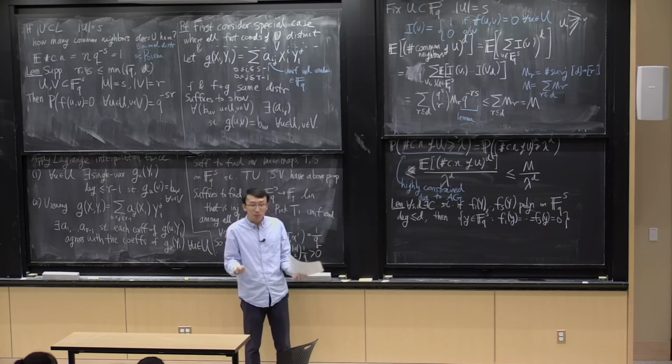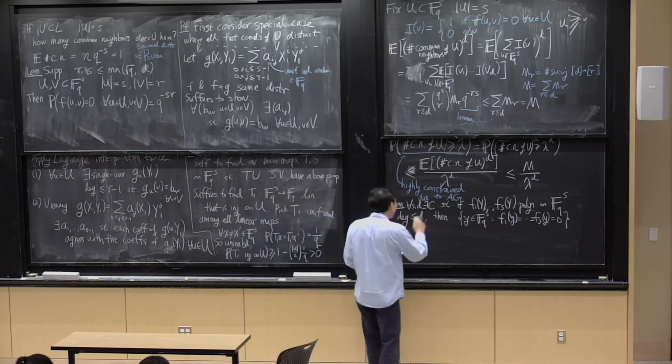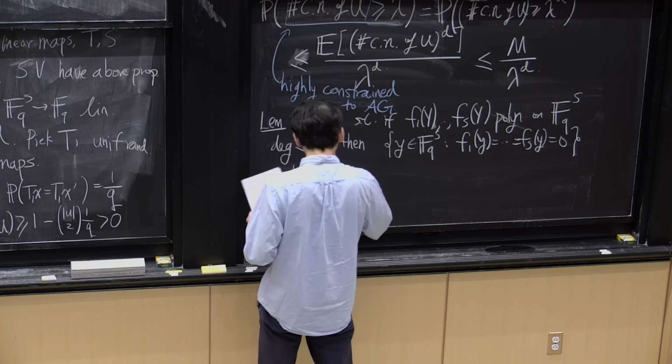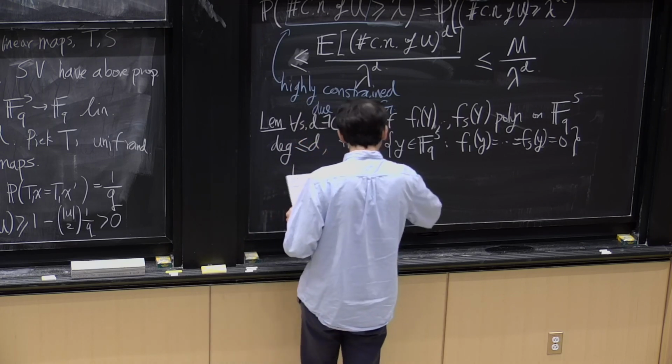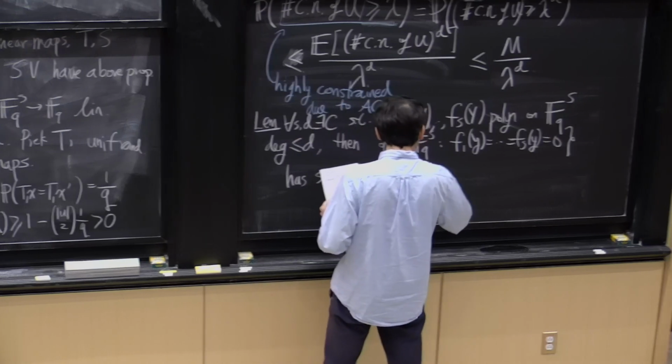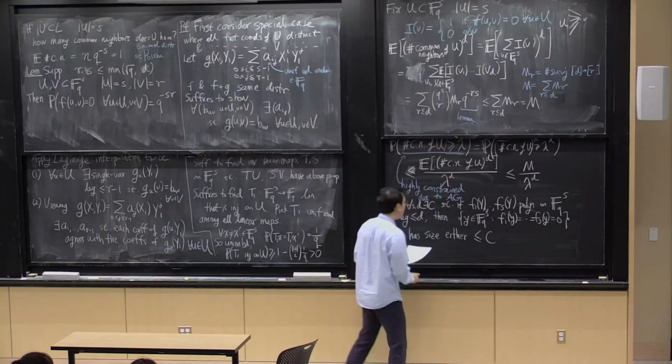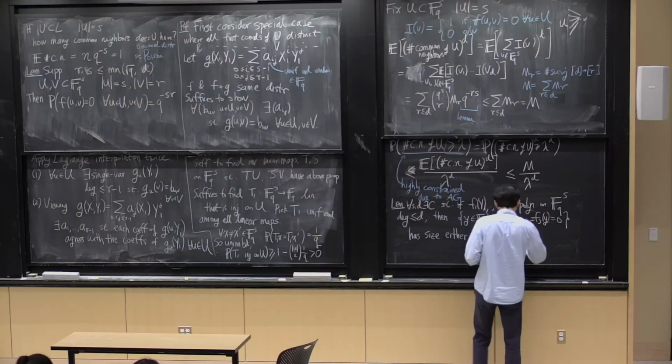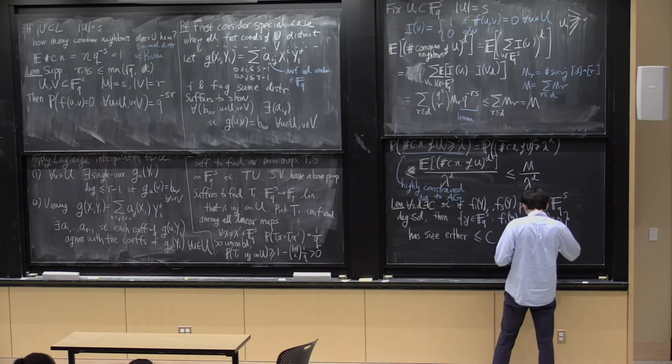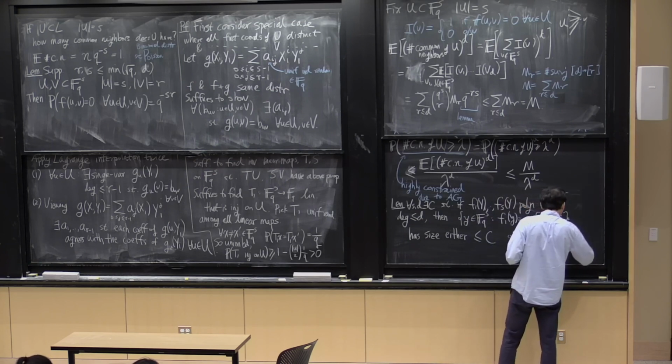It turns out it cannot just be some arbitrary number. So this set has size either bounded, at most C, or it is at least q minus something very small.